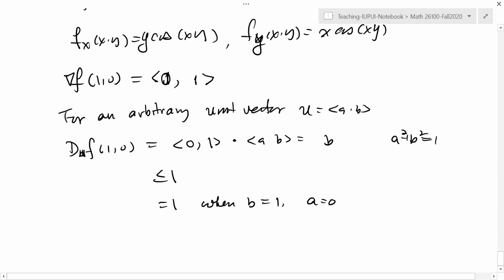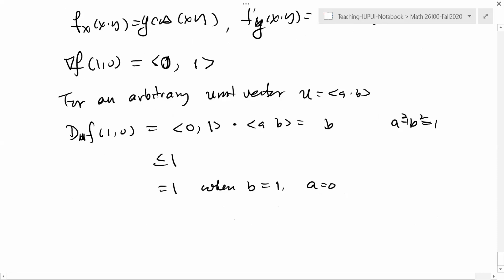So without using the formula, you can tell that the maximum value of the directional derivative is 1, and it occurs when b is 1 and a is 0, in the direction of the y-axis.